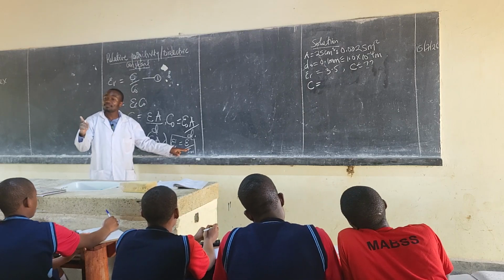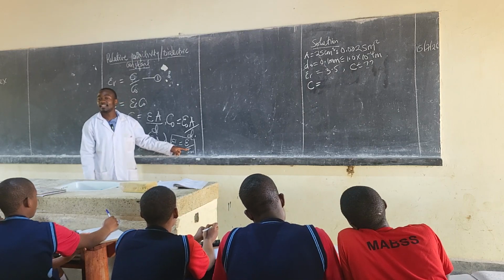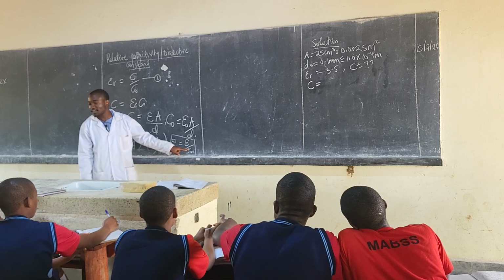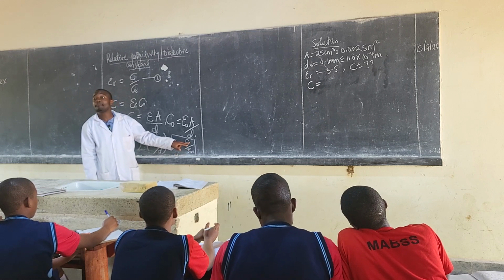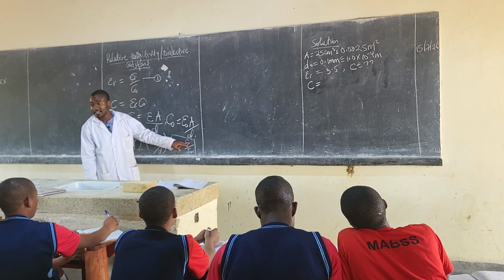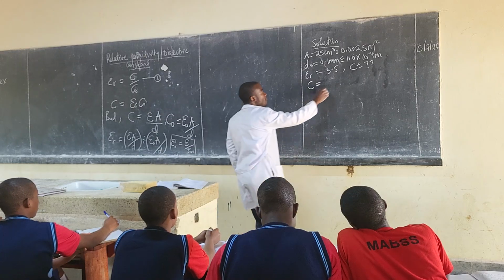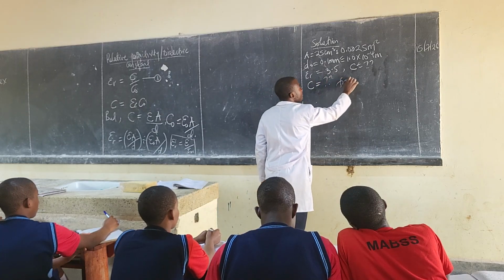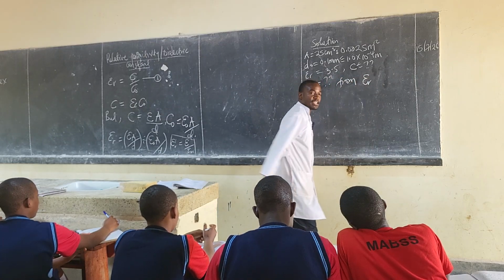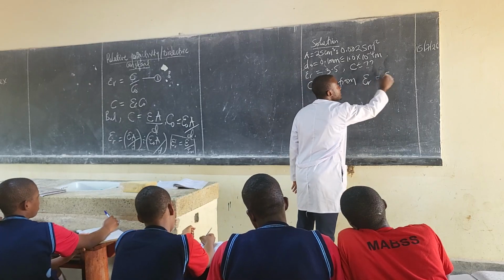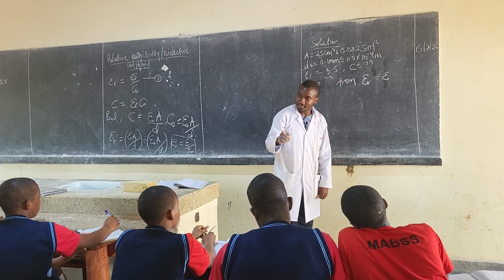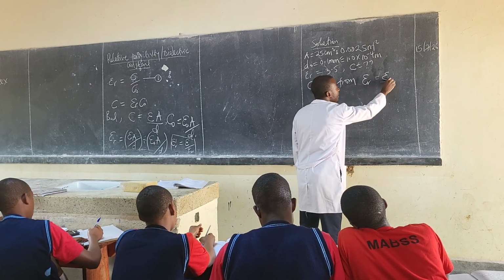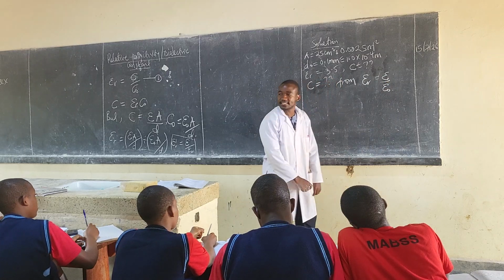Meaning, before you substitute in the equation for the capacitance of the capacitor, you are supposed to first get the permittivity of perspex, from relative permittivity ER equals permittivity of the medium divided by the permittivity of free space.